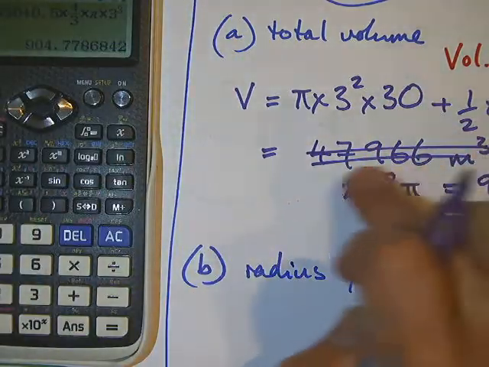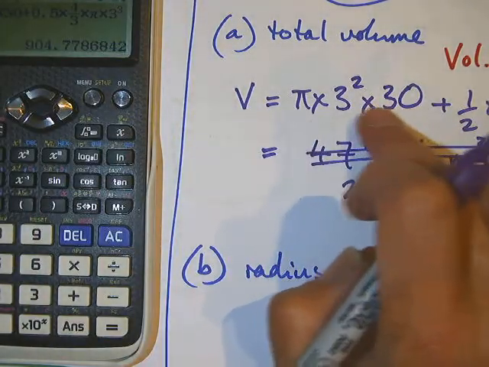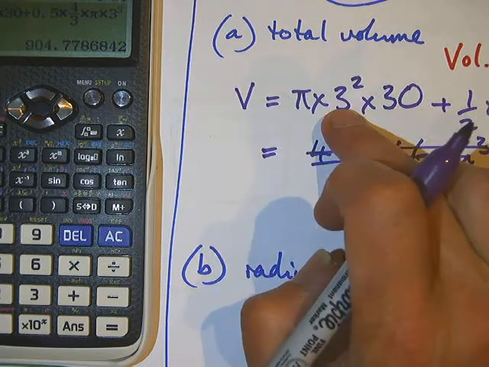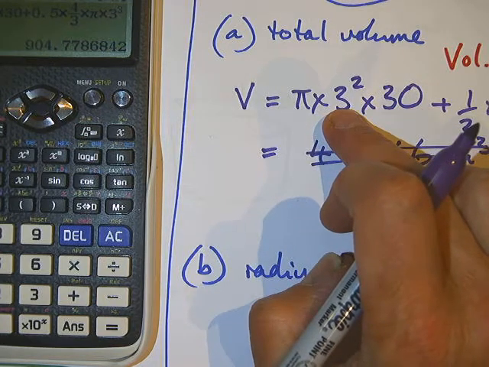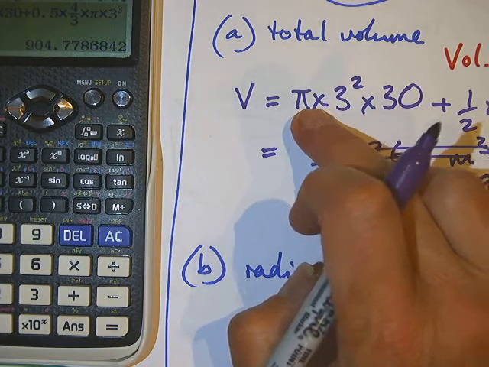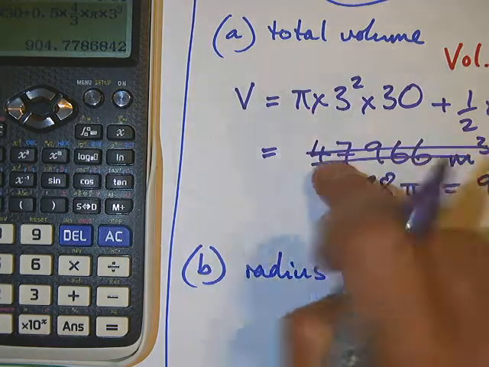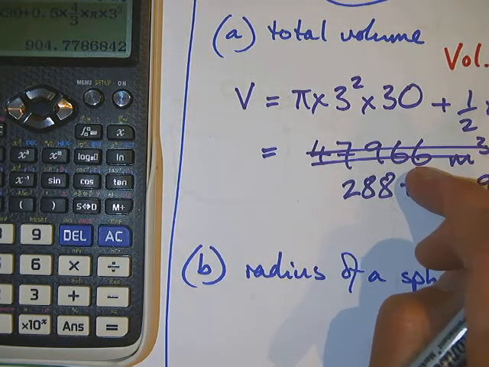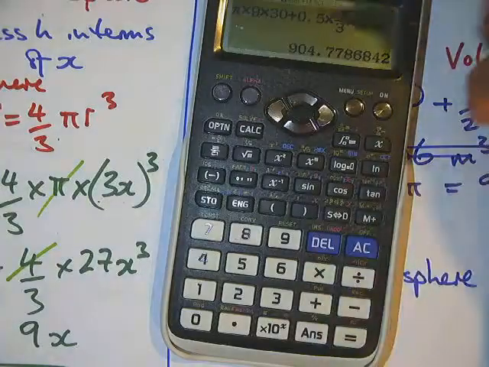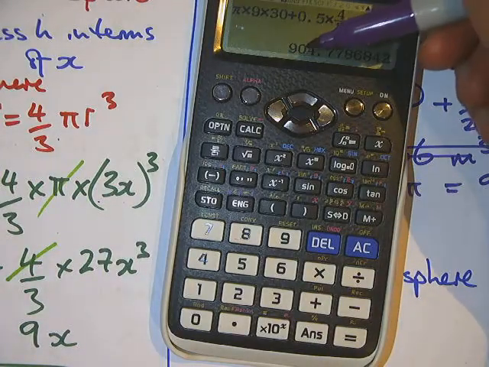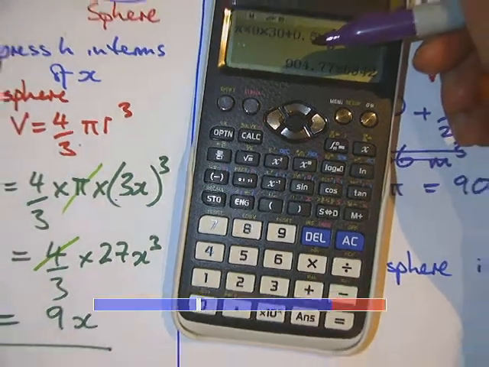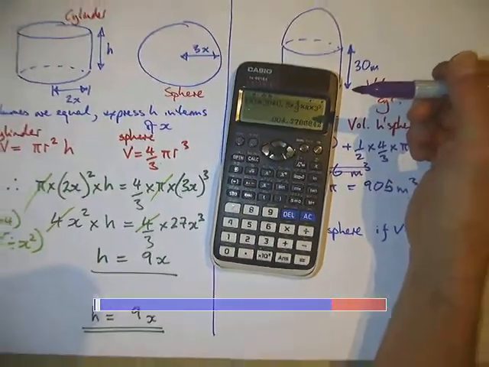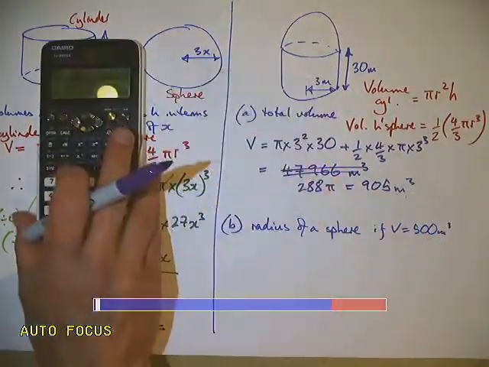You see what I did there? I had a horribly big answer, so I started checking here. 30 times 9 is only 270, times by 3 is only 800. I couldn't see how I was getting to that, so I tried to convince myself I couldn't. Check your working on the calculator, correct it, because we all make mistakes.